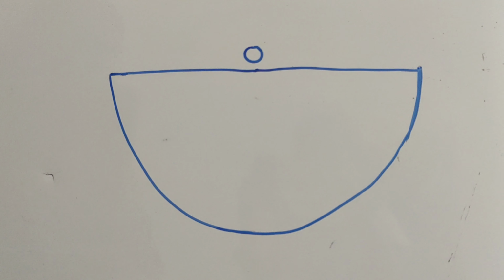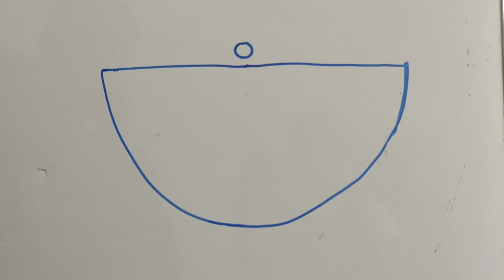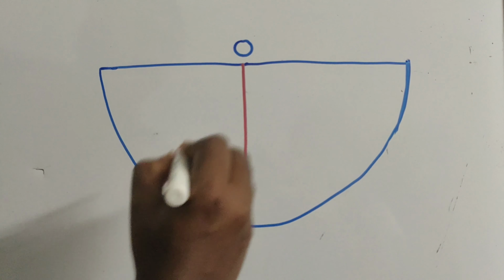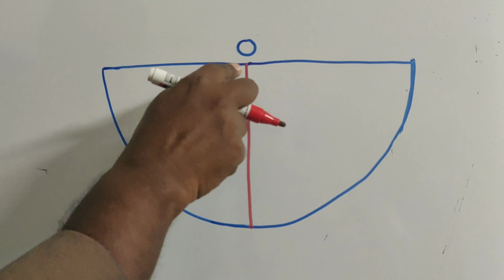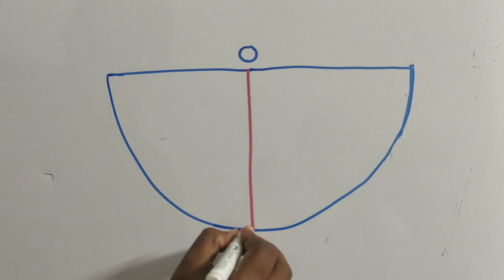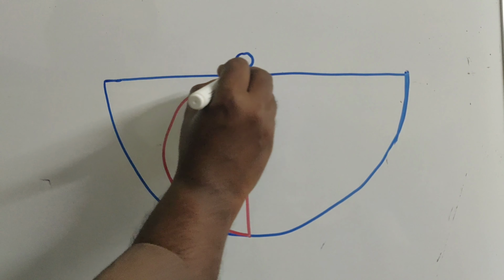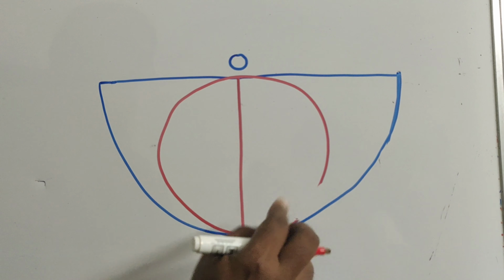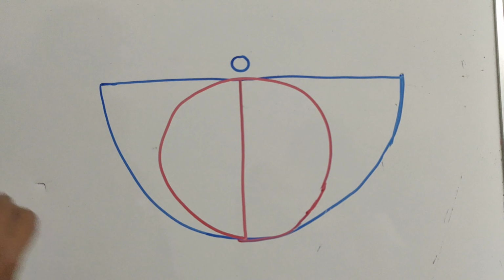There is a circle inscribed inside the semicircle with the maximum diameter possible. The maximum diameter possible may be the radius of the semicircle. So you can have a circle which is inscribed within the semicircle.